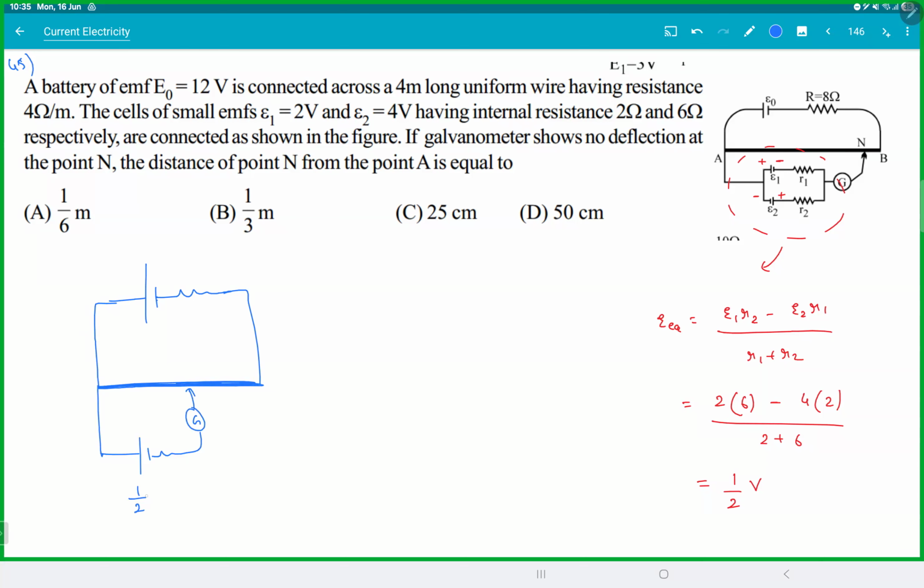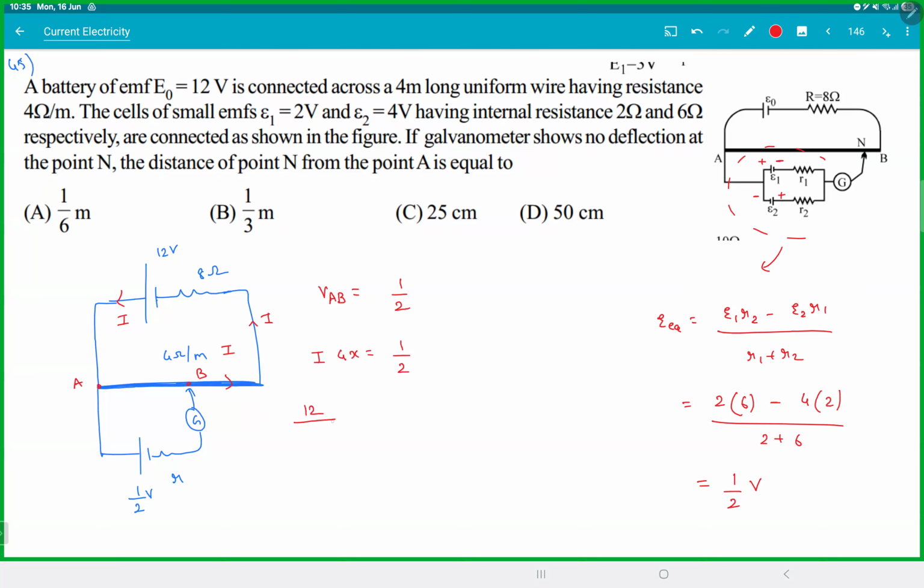So this is a half volt battery with an internal resistance R. E0 is 12 volt. This is 8 ohms. The resistance per unit length is 4 ohm per meter. Perfect. So this is A, this is B. So VAB is half volt. So I into 4 into X is half.